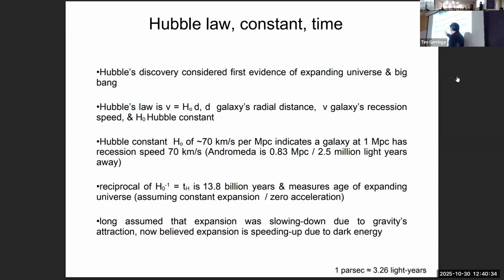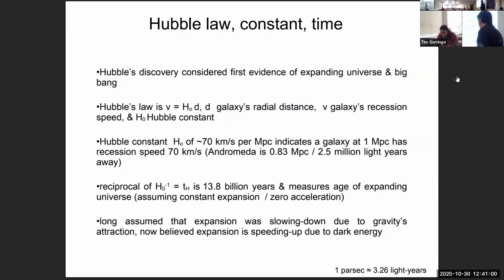And that comes out to be, in these units here, 70 kilometers per second per megaparsec. This is a unit for non-astronomers. This is the unit that the Hubble constant is often quoted in, I presume because it's convenient for the measurements that went into it.